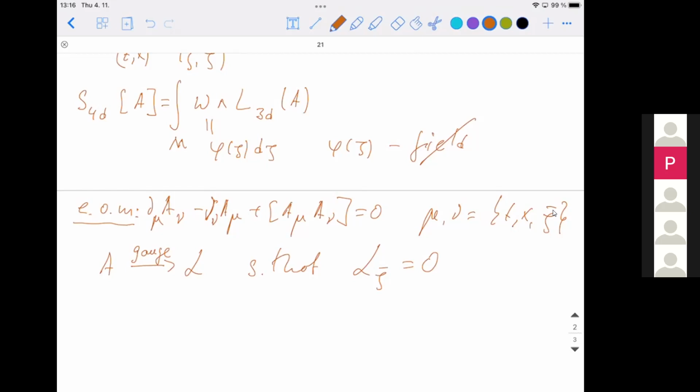It's not a field. It's just some fixed data, I would say. And depending on what phi we choose, we can obtain different 2-dimensional theories.